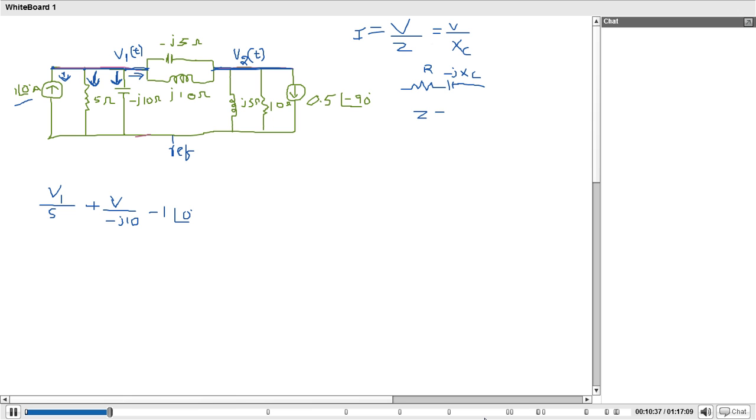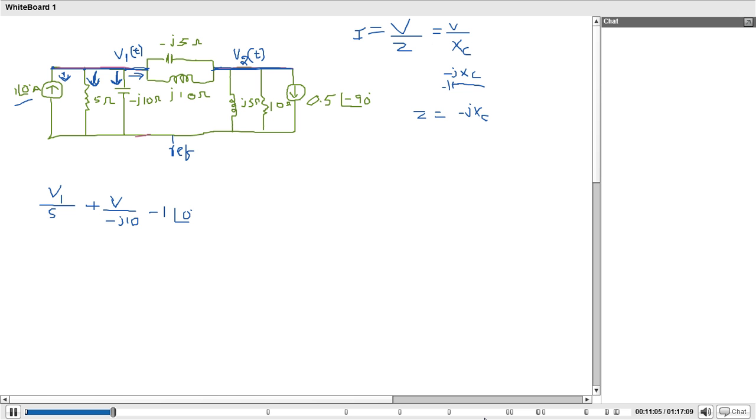So R minus jXc, the impedance is R minus jXc. Yes, sir. But here in this case, minus j10 ohm is there. There is no resistor here, so that means resistance value is 0. So Z equals minus jXc only.